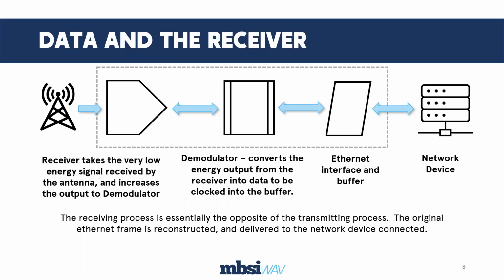This needs to be kept in mind: the receive process and the transmit process are not that much different from each other, other than the fact that one is amplifying to power and the other is taking power and turning it back into a signal that we can use in our network devices.